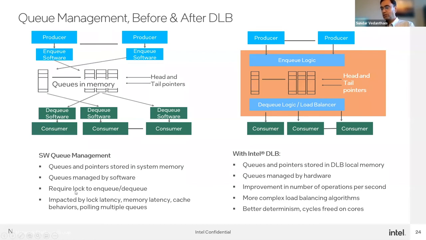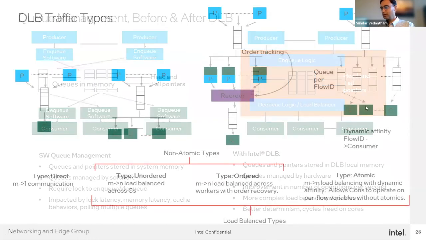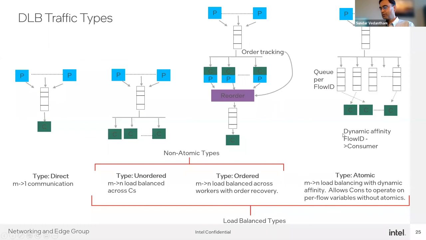Anytime you use locks in software, the performance really goes down, because you're locking something, putting something in, removing the lock, then locking something, removing one packet, and then removing the lock. That process slows things down too much. All that is completely taken care of in the hardware in DLB, so things can run much faster. How much faster? This gets into different types of queues that it can talk about.